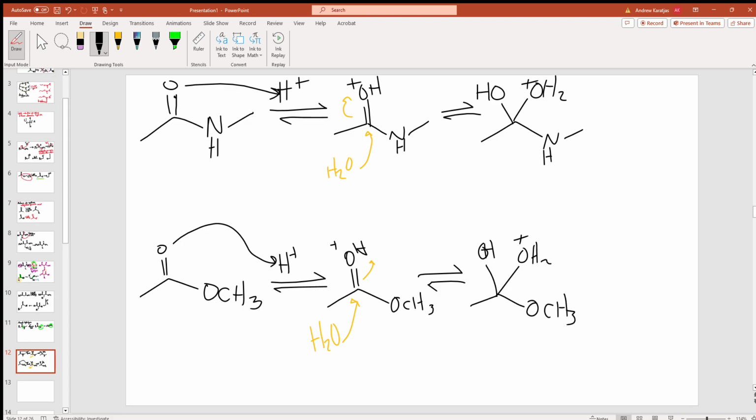We then get a transfer of a proton from the oxygen that just added in over to our leaving group. That gives us our cation that's going to turn into a good leaving group.